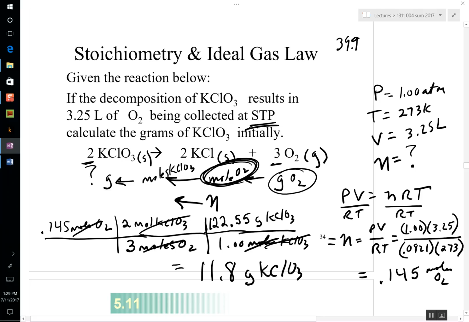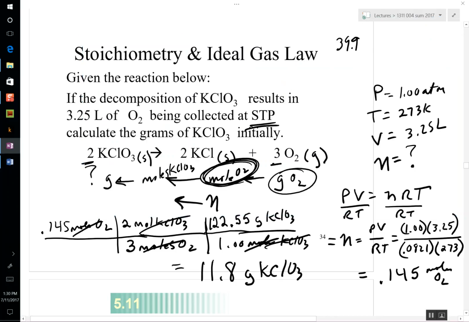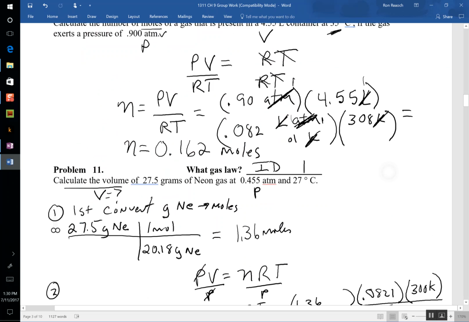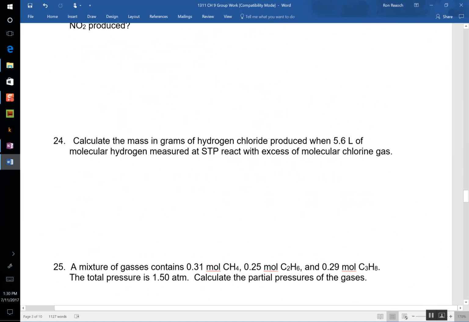Oh, this also uses Dalton's law of partial pressures. Number 26 does. Let me tell you how you got to do that. Okay, 26 has a little wrinkle in it. Dalton's law of partial pressures.